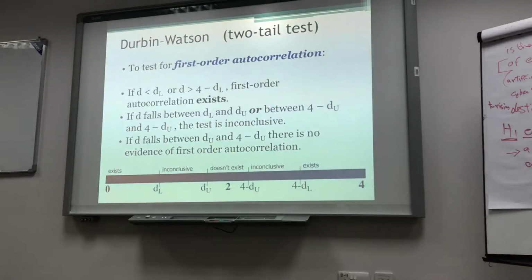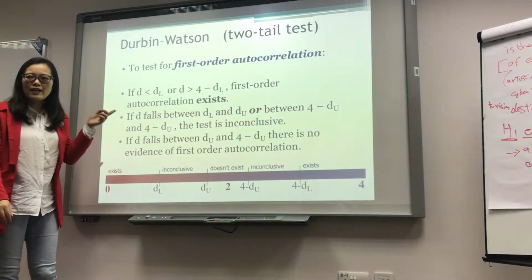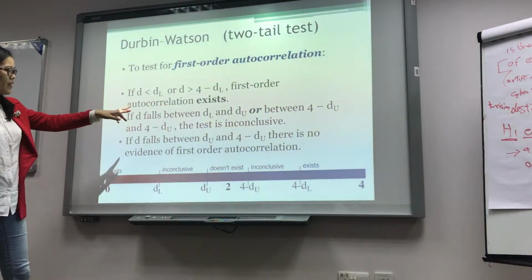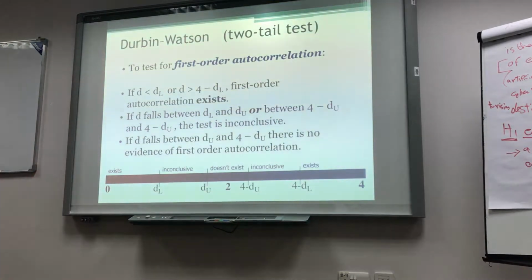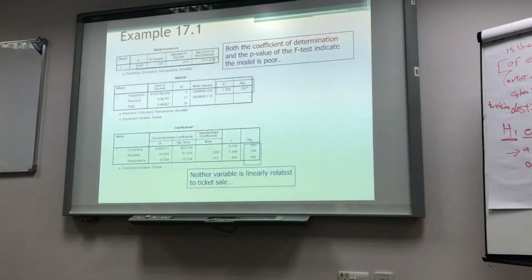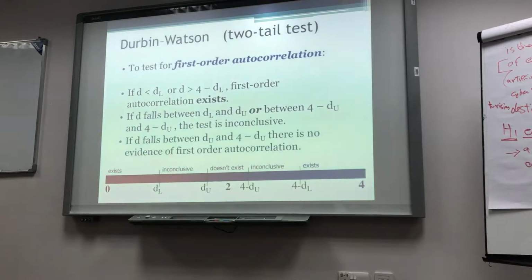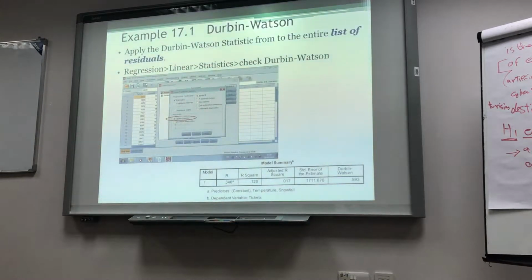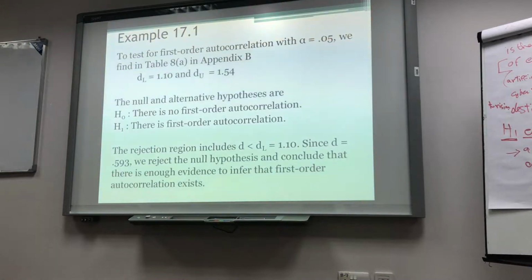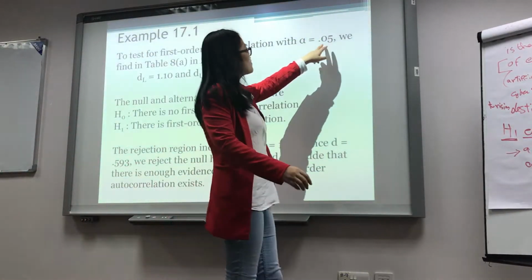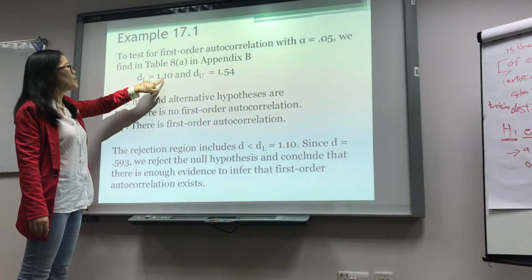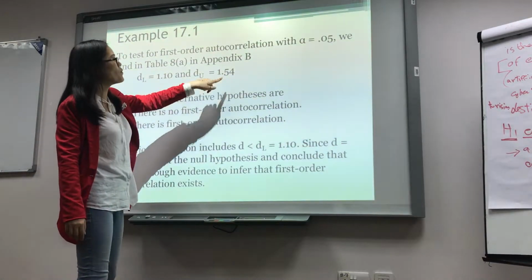Okay, so remember the value of d is 1.00 something. When alpha equals 0.05, dL equals 1.1 and dU equals 1.54.